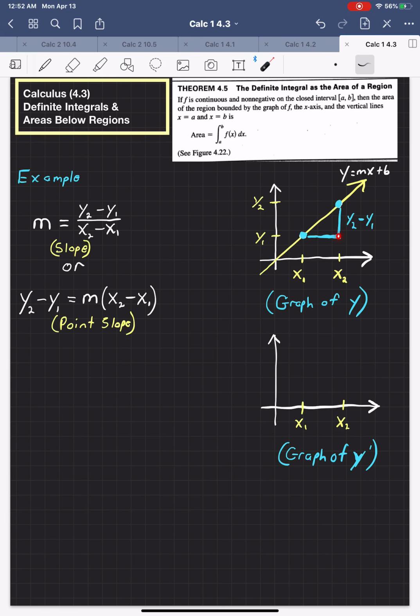Okay, and then what about the change in x? Well, again, it's just a matter of thinking about you started at x sub 1, then you stopped at x sub 2. So how far did you travel? Well, just take where you stopped minus where you started, and that'll tell you how far you drove, right?